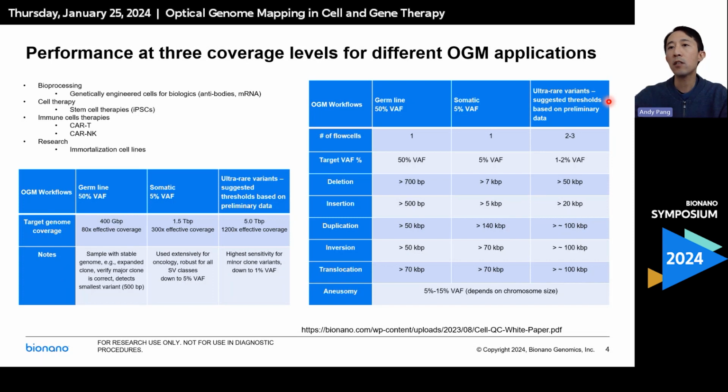And again, based on preliminary research data, the ultra-rare variant workflow enables you to identify at 1 to 2% VAF insertions and deletions 20 or 50 kb and up, and 100 kb and up for the other types of SVs. Now, using the copy number algorithm, essentially examining changes in the depth of coverage to infer aneuploidy, the limit of detection there is between 5 to 15% VAF, depending on the chromosome size.